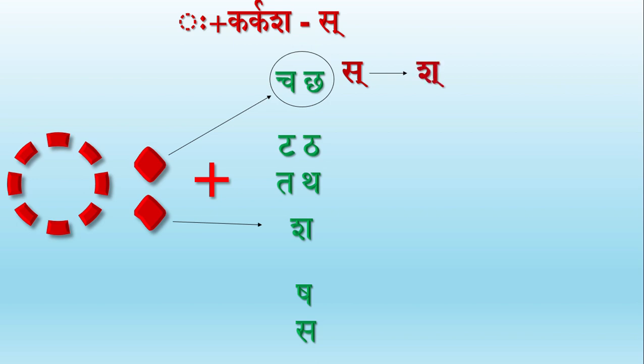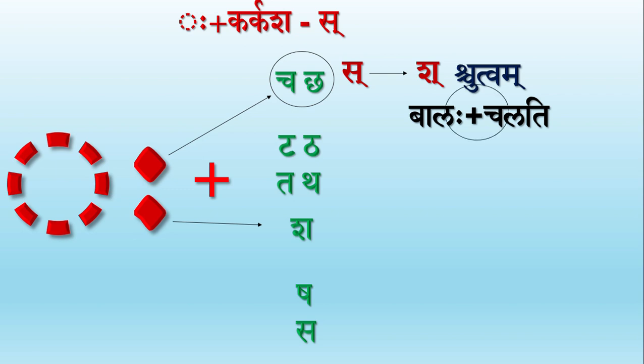Sa becomes Sha. For example, Balaha plus Chalati. Look here, we've got the letter Cha after Visarga. So the letter Sha occupies the position of Visarga and the Samasta Padam becomes Balash Chalati.